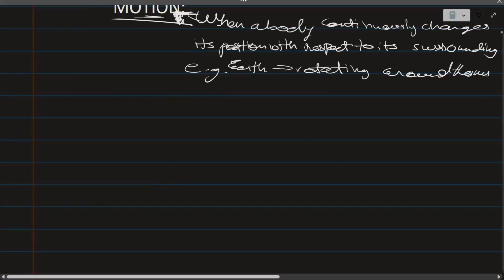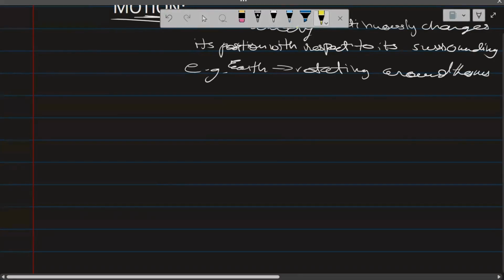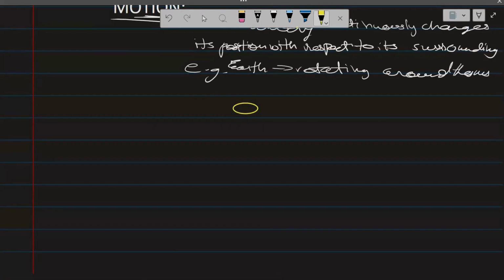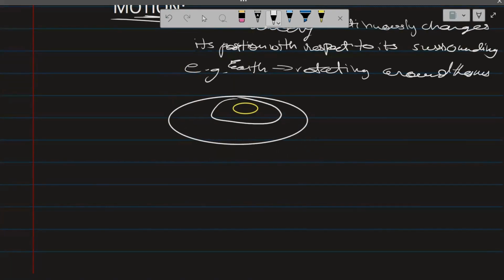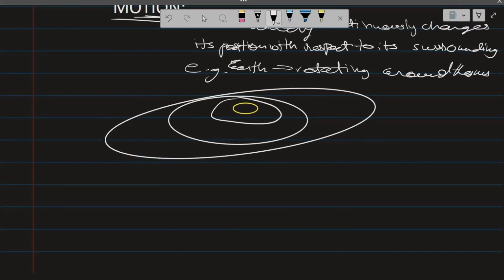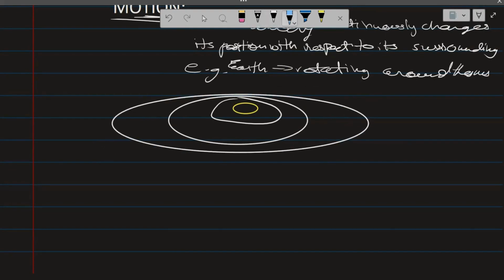Let's suppose this is the sun, and let's suppose this is Earth. So after some time, when the time goes on, Earth changes its position. For example, it comes here and then goes here and then over here. So hence it changes its position, so it will come in motion, okay?